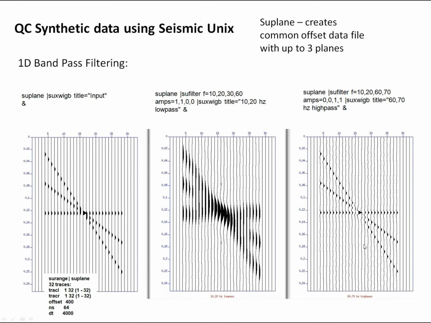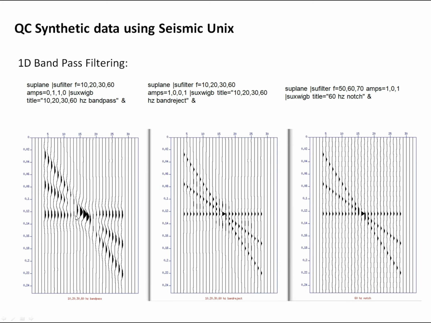This is a high pass filter on the right. And on the left is a band pass filter, starting at 10 Hertz, it stops at 20, and then ends at 30 Hertz on the higher end. And then the slope is from 30 to 60 Hertz. So you can apply this process of band pass filtering on your data using this script.